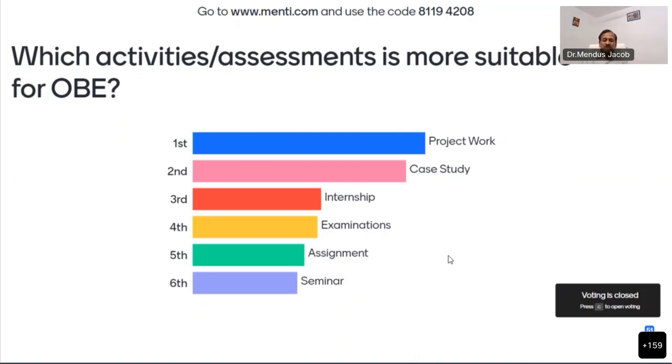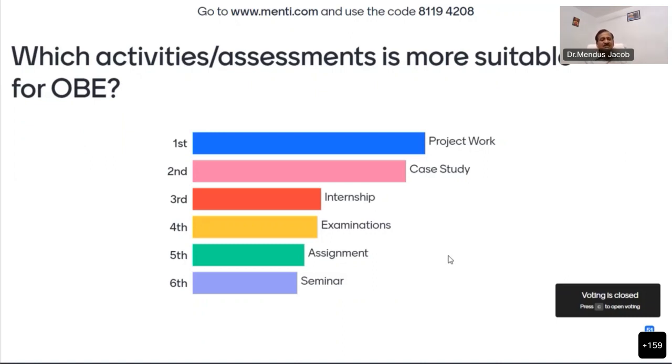Then coming to internship, definitely that is a good option, because while doing an internship, the student will be learning more about the subject. And again, there will be a collaborative approach. Maybe 2-3 people are working in a team. So anyway, your judgment is correct. Regarding case study, I think internship will come in the second position if we compare with case study.